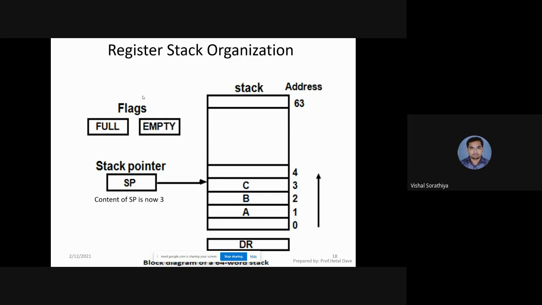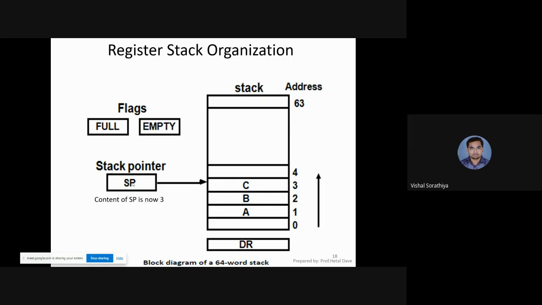So this is the overall stack organization. The stack starts at some address, and here there is a block diagram of a 64-word stack, starting at 0, then 1, 2, 3, 4, up to 63. There is a stack pointer, and its content is now 3.